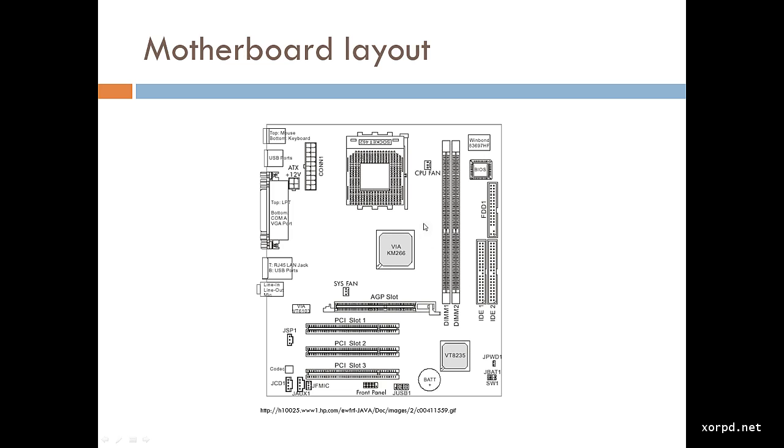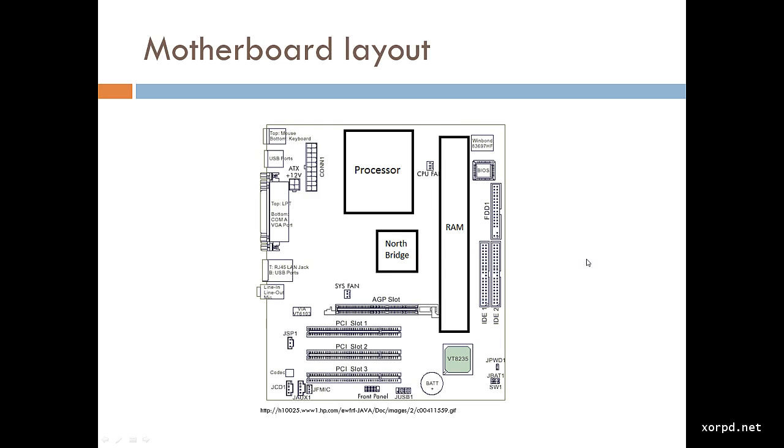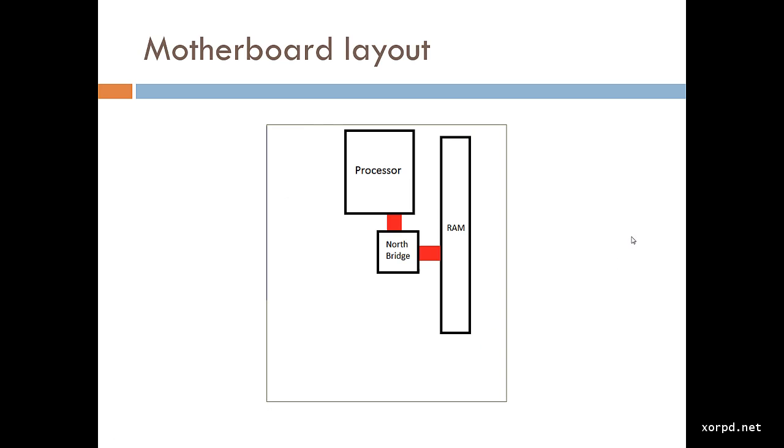And this is the memory, where you can put your RAM memory. So basically, this is really what I'm interested in for this lecture. This is the processor, this is the north bridge, and this is the RAM. Actually, I could even discard the north bridge, but I wanted you to know about it.